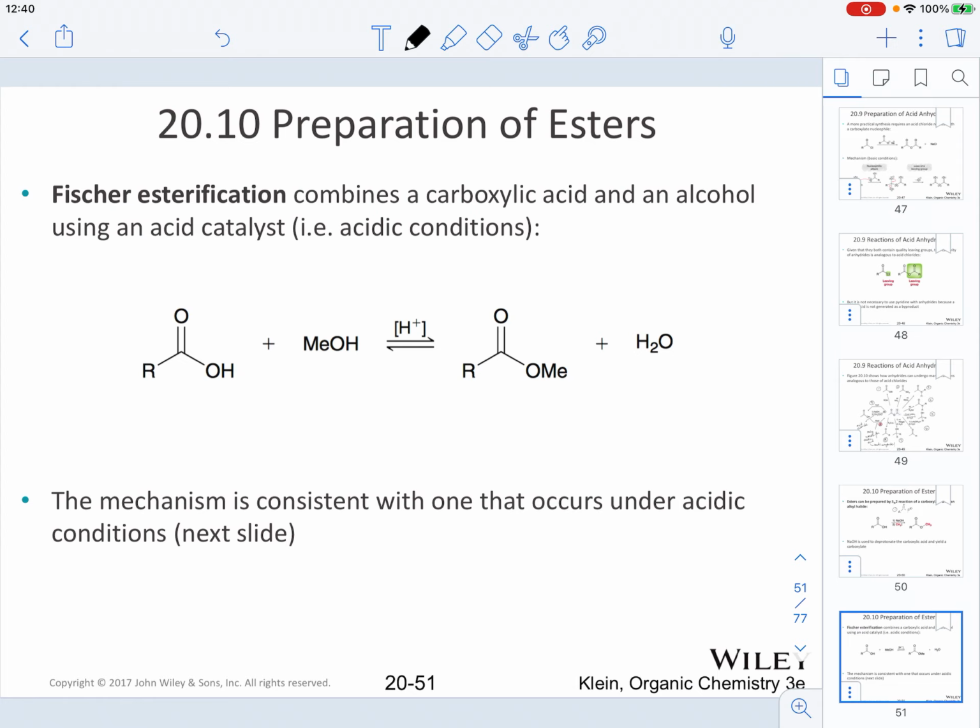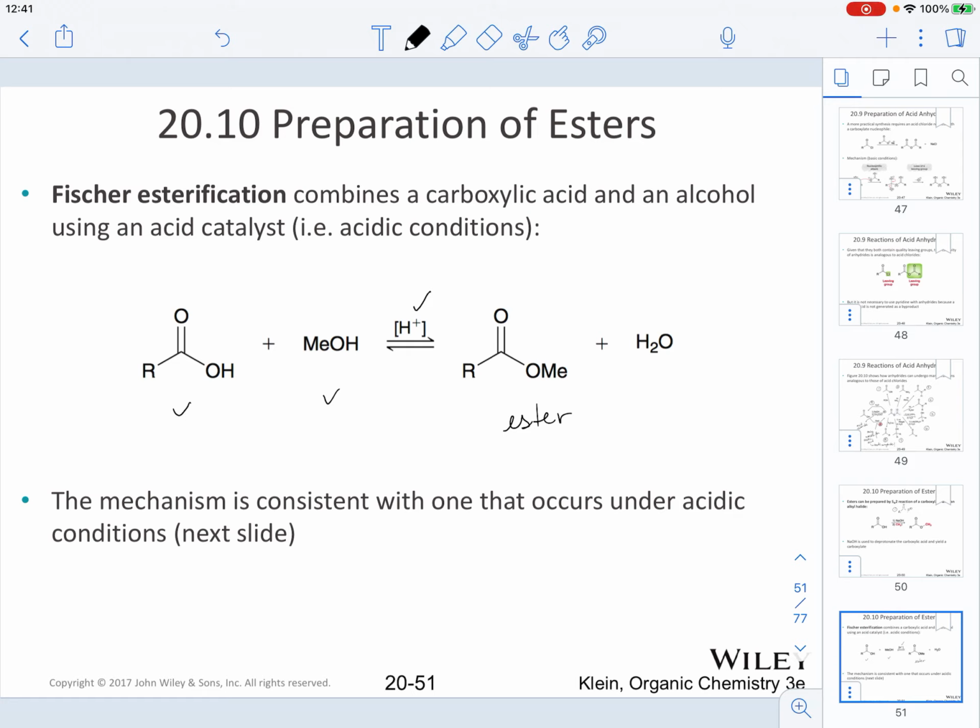One of the very common ways to be making esters is by Fischer esterification. That is a very popular reaction. In Fischer esterification, what we're doing is that we're combining a carboxylic acid and an alcohol in the presence of acid in order to make the target ester. Understand that in this process, we are going to be forming water.